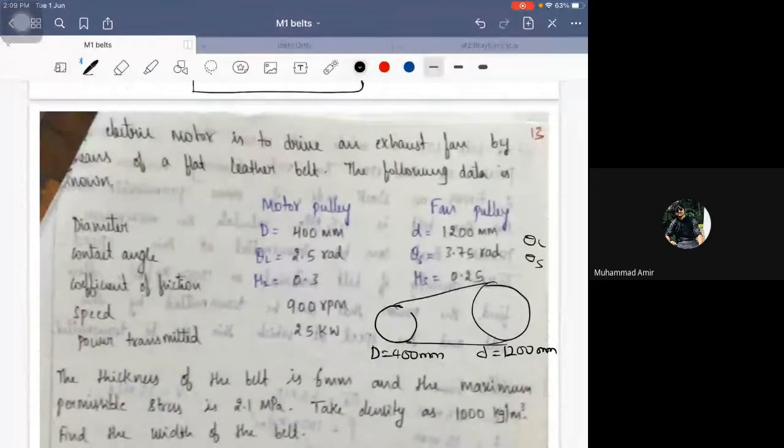It's been long back. I know that it's been 4 to 5 days before your internals that we had solved this, but yet, what do you mean by contact angle? Anyone who remembers it? What is that angle referred to? Anyone?